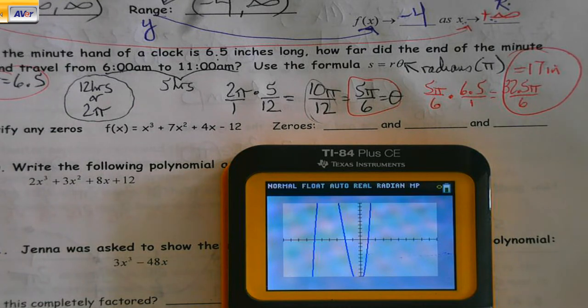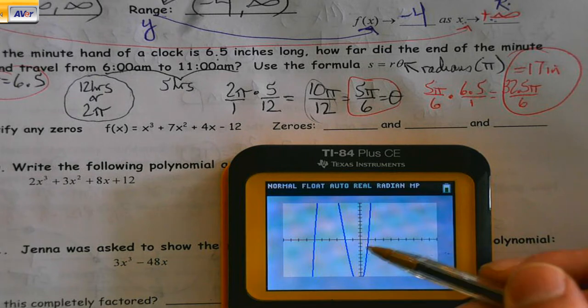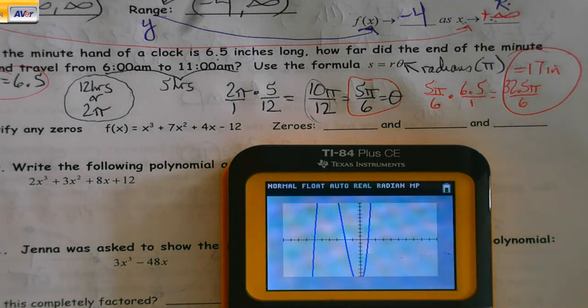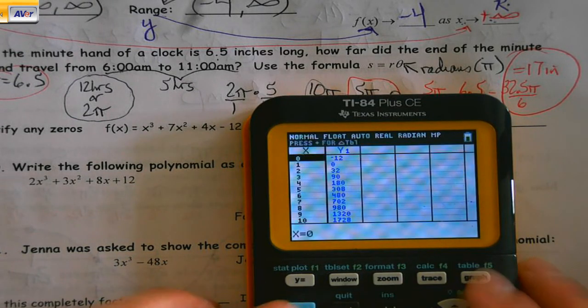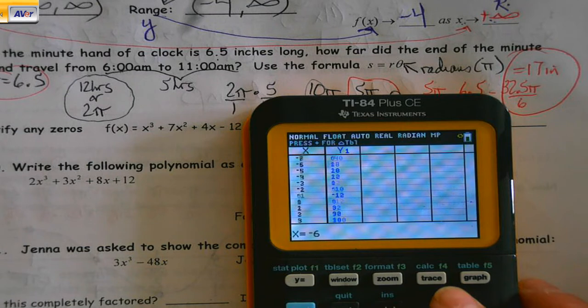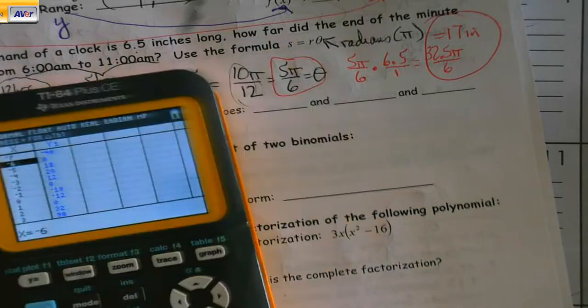Now, if I look at my graph and I notice, hey, it looks like they're going across some whole numbers, instead of getting cute and trying to use the trace function, pull up the chart for a minute. So second in graph. And if you start to see zeros in the y column, those x values are your zeros.